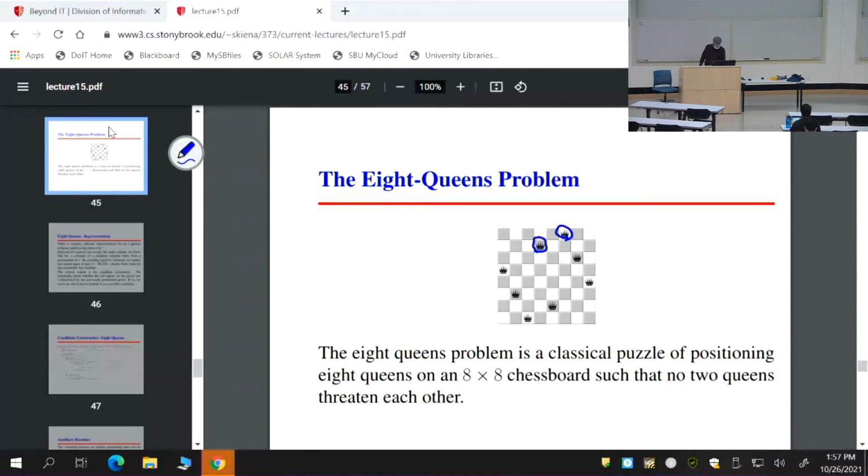What are the possible places I could put a queen on the third row? Can I put it over in the first thing? Let's make it here. Can I put it here? Yes. Can I put it here? Yes. Can I put it here? No. No, no. Can I put it here? No. Can I put it here? Yes.